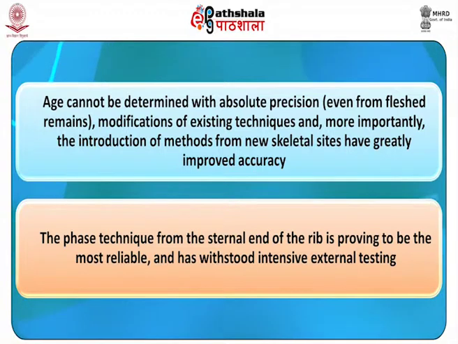Of these, the phase technique from the sternal end of the rib is proving to be most reliable and has withstood intensive external testing also. It is important to bear in mind that the methods used were designed to yield a high probability age range. Point estimates are neither realistic nor statistically sound.